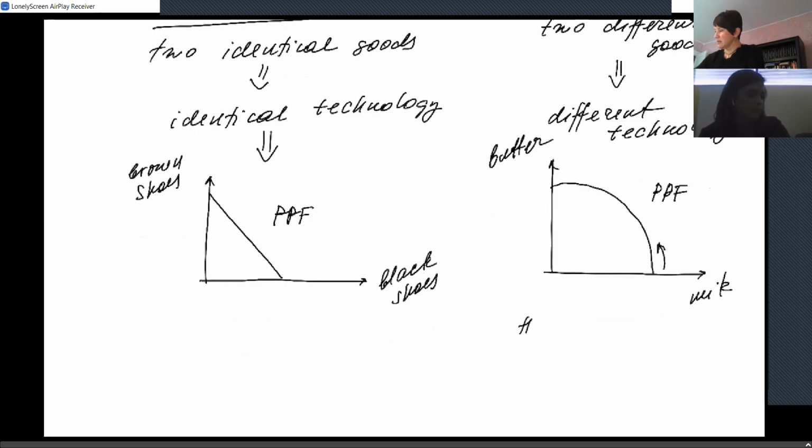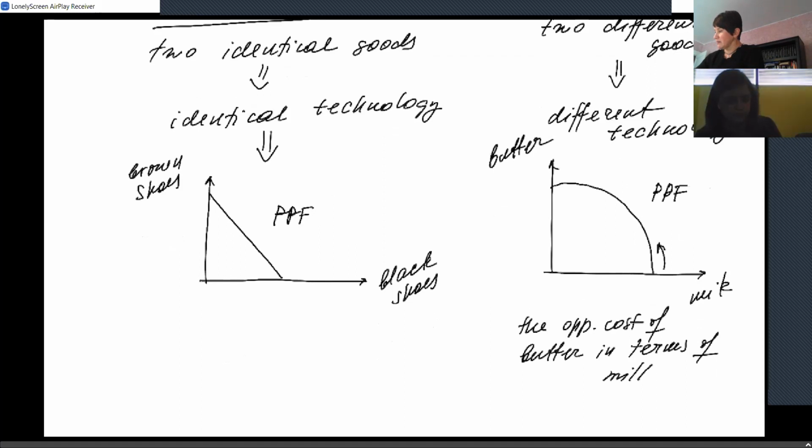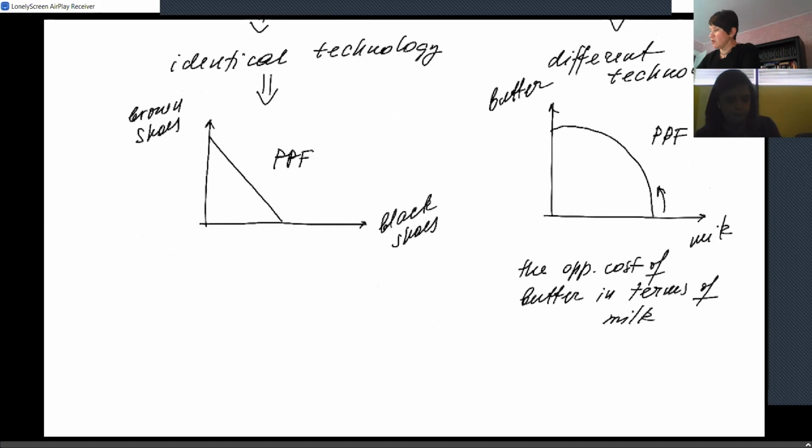Okay, let's write it down. The opportunity cost of butter in terms of milk. Okay, we're gaining butter and giving up milk. The opportunity cost of butter in terms of milk increases.